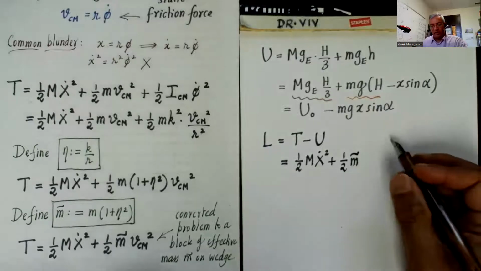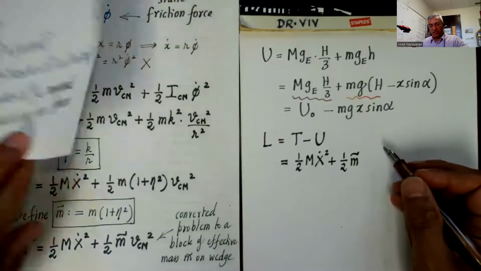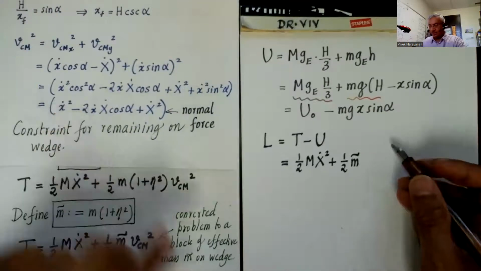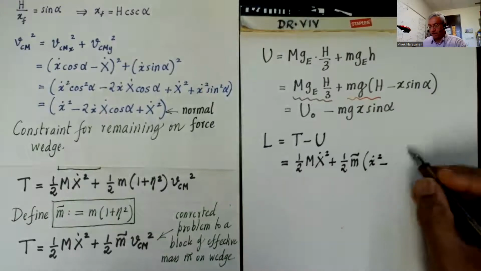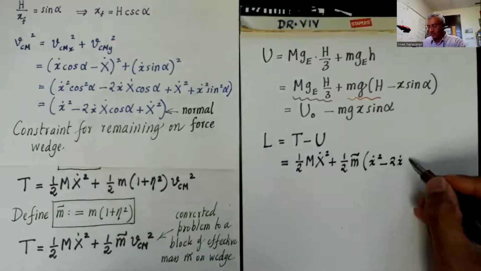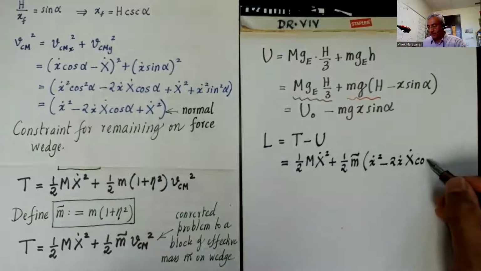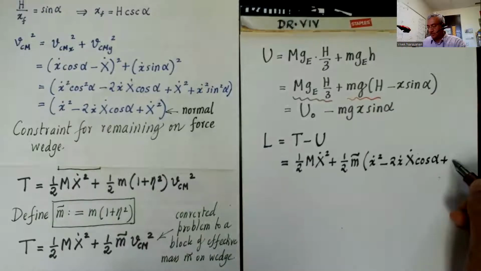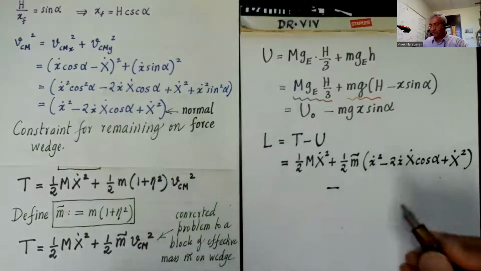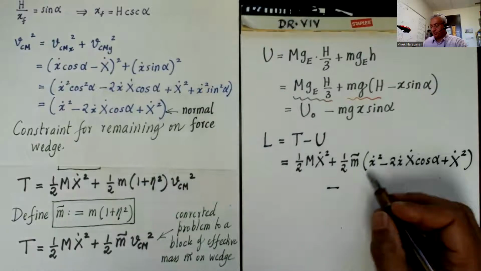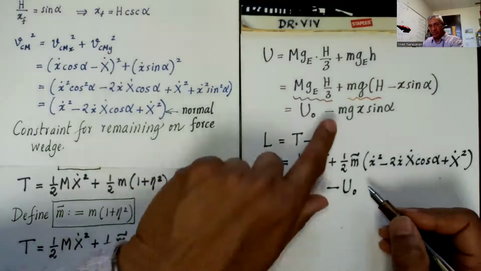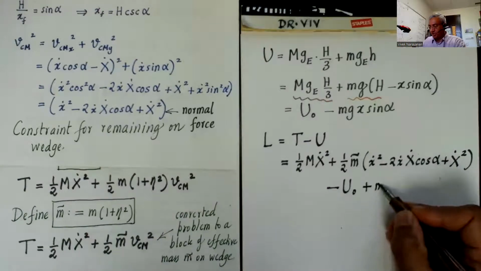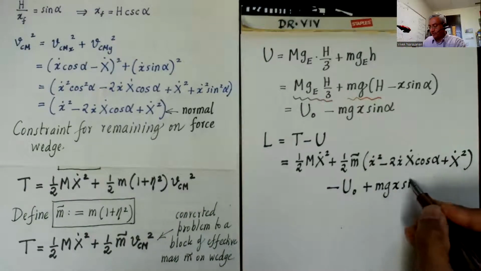Now VCM squared was here, so I'm going to copy that. Little x dot squared minus 2x dot capital X dot cosine alpha plus capital X dot squared, minus the potential energy term. So this is all going to become a minus. So that's minus U naught plus mgx sine alpha.